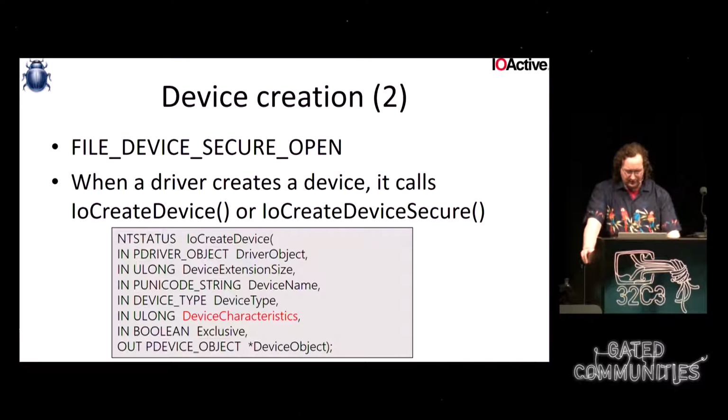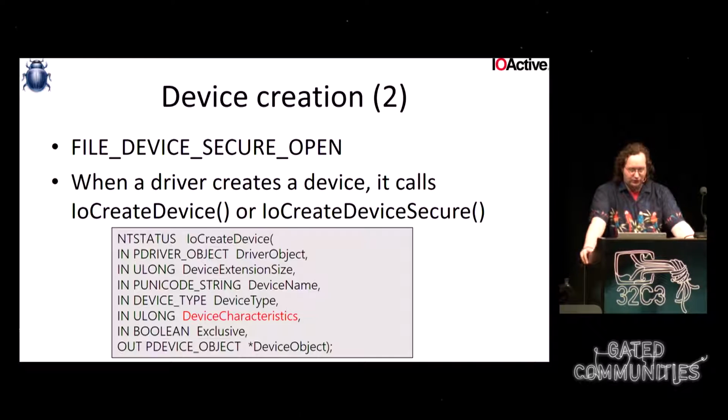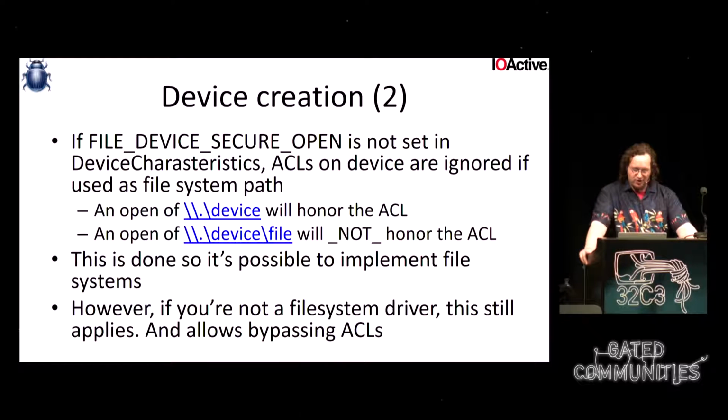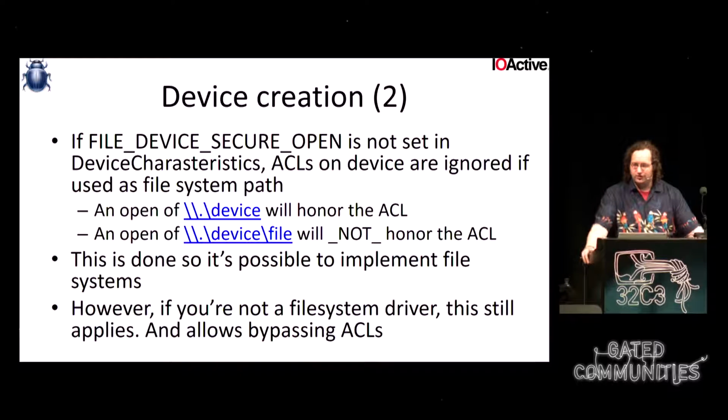When you create this device, you call this IoCreateDevice API, and you're allowed to pass device characteristics into it. There's one bit in there, which is FILE_DEVICE_SECURE_OPEN, and it has a very special meaning. When you create a device in the Windows kernel, by default, the IO manager will always assume that it is a file system device.